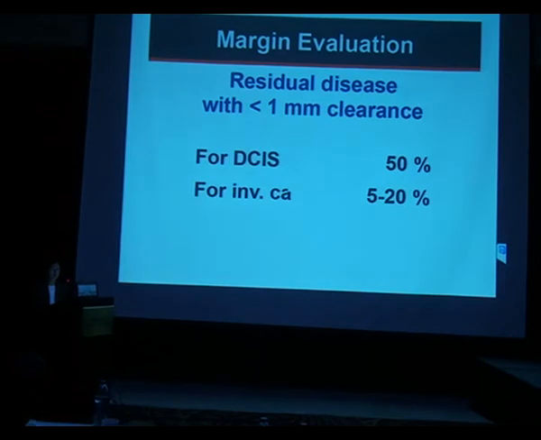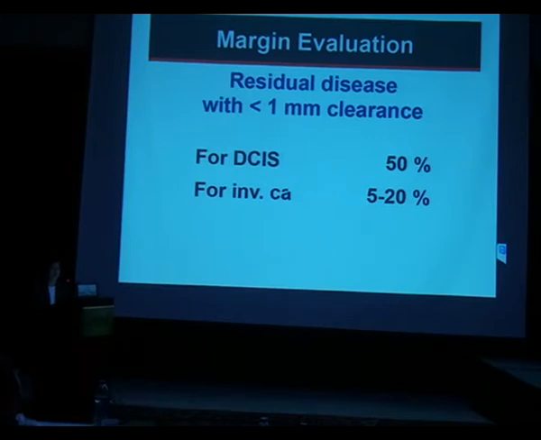If you look at all types of DCIS, 50% of the tumors can have residual disease with 1 millimeter clearance. And this is less for invasive carcinoma. But even for DCIS, different types of DCIS have different rates.